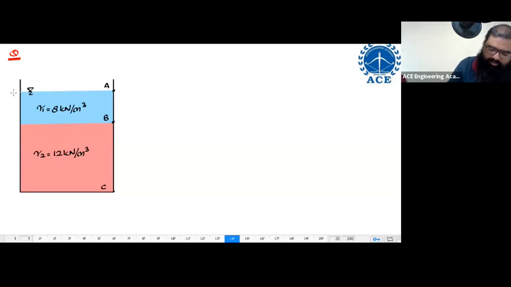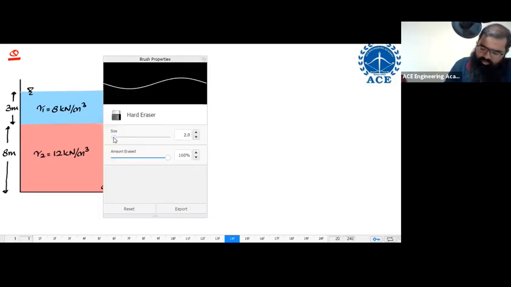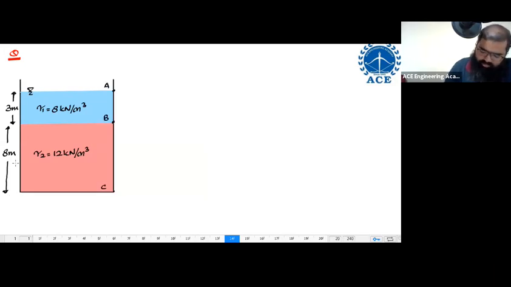Let us say the distance from here to here is equal to 3 meters, and this distance B to C is some 8 meters. Suppose some point over here, I'm creating an orifice. There is some point where I'm creating an orifice.